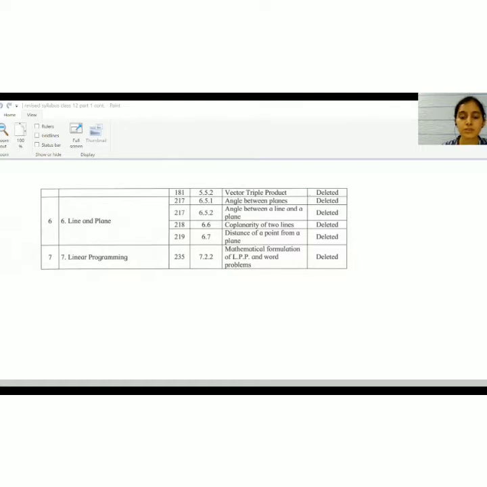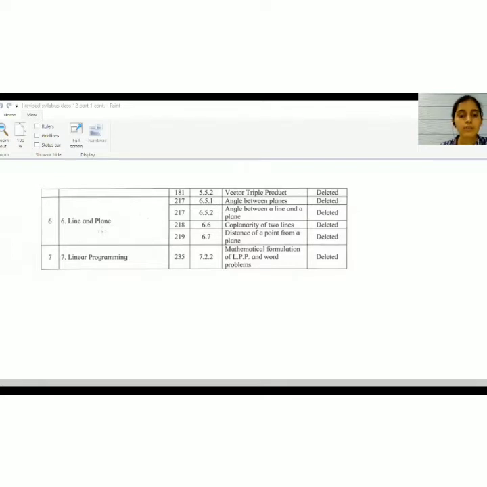Okay, that is deleted. Again, I'm saying it's non-evaluative. We should only know what the vector triple product is. We may not stress on it much, but still, we would know what it is. So vector triple product is not included in your syllabus.